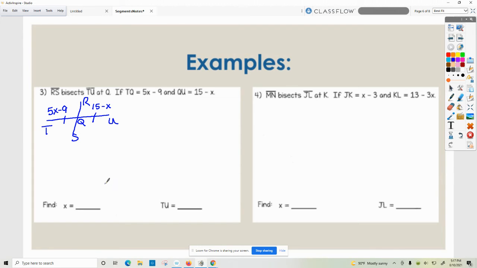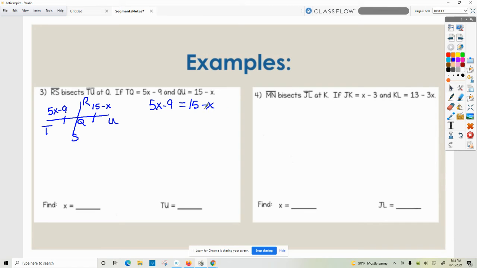Now here's the thing. Those little congruent marks and the bisects means equal. So I'm going to come over here and say that my length of 5x minus 9 is going to equal the length of 15 minus x. And then I'm going to shuffle stuff around to simplify and solve for that x.